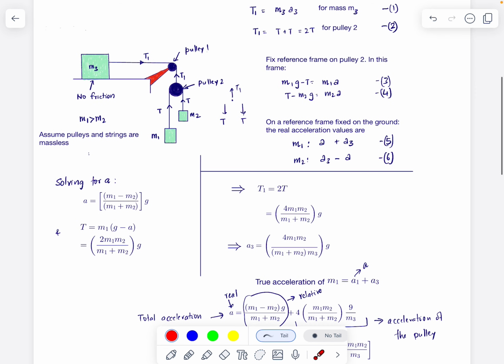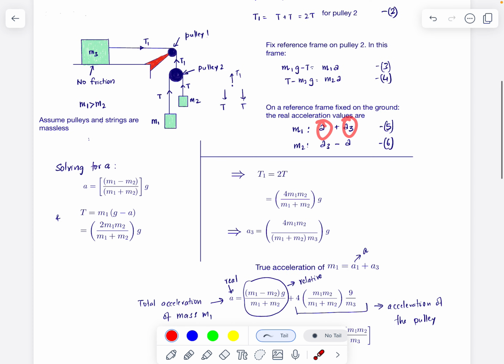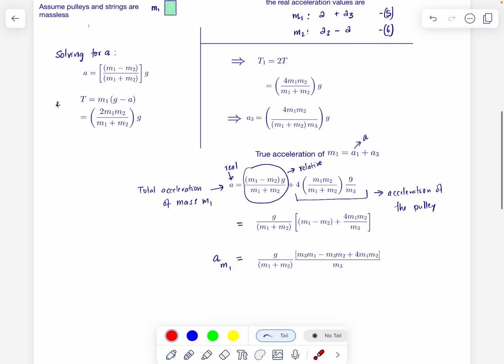If you want to find the true acceleration for m1, it is nothing but a plus a3. a is something that we found already, and a3 is something we just found, so we just add them up, and we take g divided by (m1 plus m2) as a common factor, and that's what is left in the brackets.